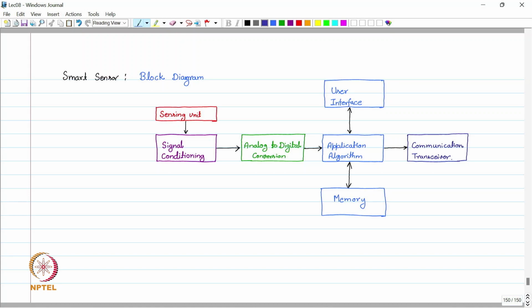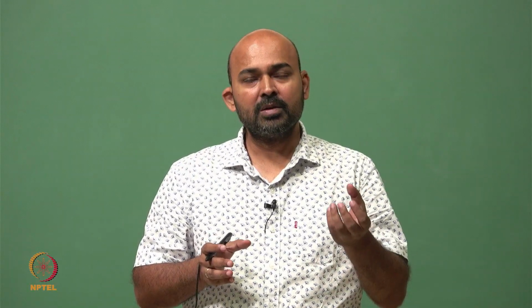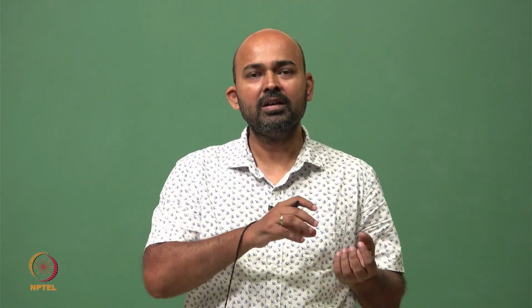Of course, the number of blocks can change depending upon the application, but a general smart sensor contains these kinds of unit blocks. The very first is the sensing unit, which is our traditional sensor. For example, the moisture sensor, in the example we have taken. So the moisture sensor is nothing but something which converts the moisture or the humidity or the water content into an electrical signal.